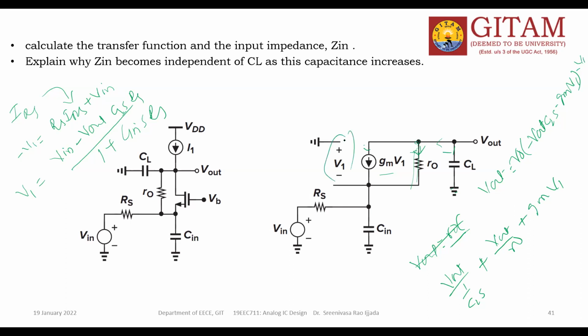Now you need to substitute the V1 value calculated earlier here and here. Then you will get the output equation in terms of input and output. Then separate the V in terms and V out terms, and take the ratio of these two. Then you will get the transfer function.